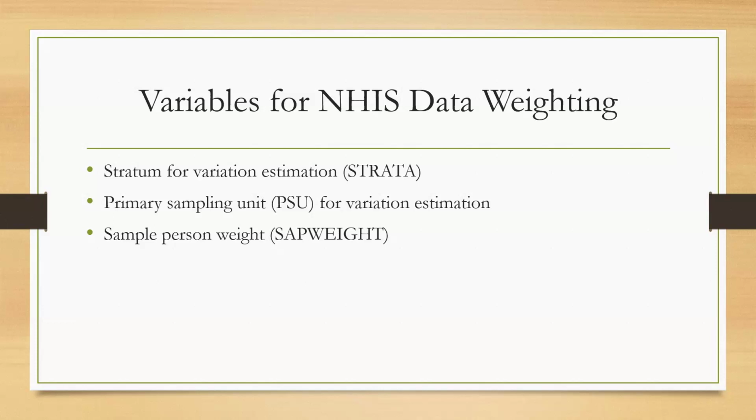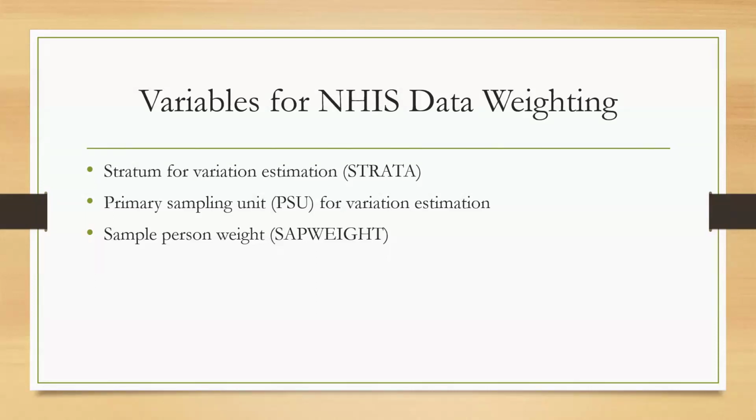Then we have the primary sample unit, which is also for the sample variation. And the third item is the sample person weight, which in NHIS is represented by sample weight.